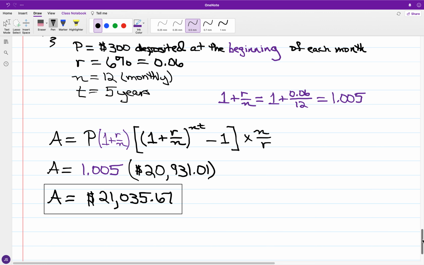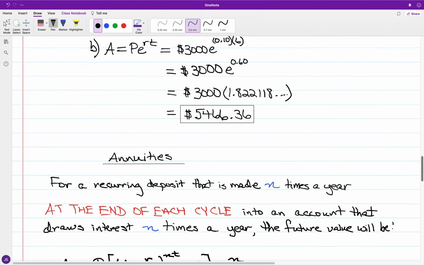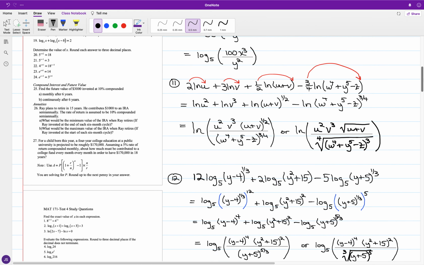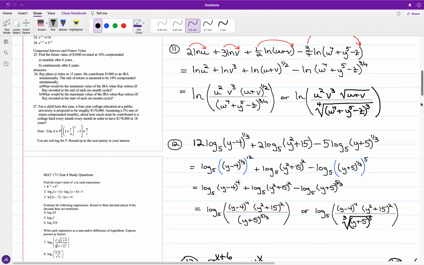And where the annuities problems come in, from the review handout, in the case of number 26, I think what I'll do right here.